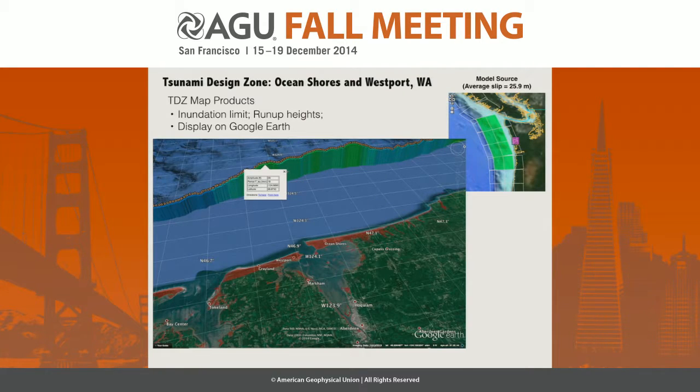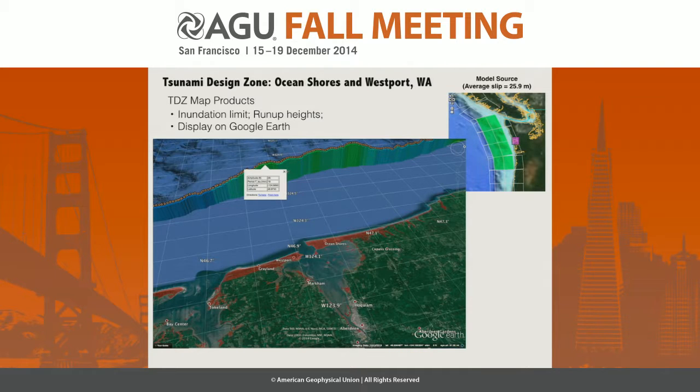So here are some examples of the tsunami design zone maps that we finished so far. ASCE wants to see those map products, including the inundation limit and run-up height, and display them on Google Earth. So these are the maps for Ocean Shores and Westport, Washington. The source is plotted on the right-hand side.